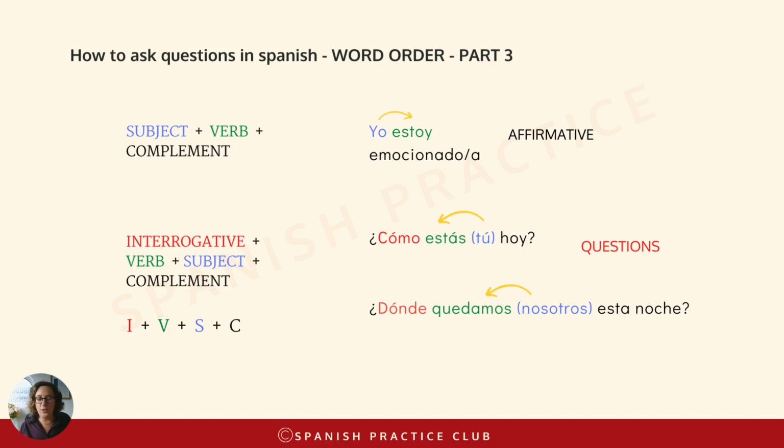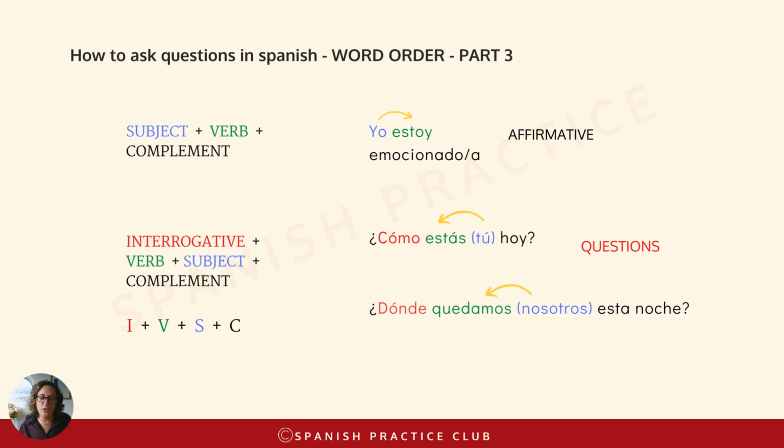Or the question that we've been using in the dialogue for this week, ¿dónde quedamos esta noche? So notice how my voice goes up at the end of the question so that you can get the answer to the question that you're asking, and the person who is listening to you knows that you're asking a question.